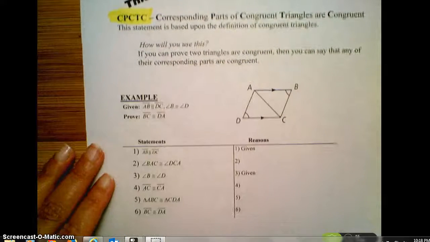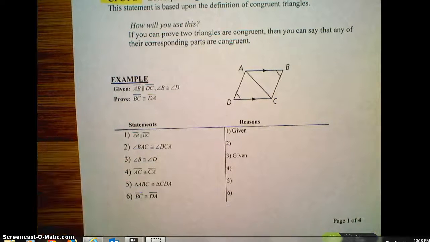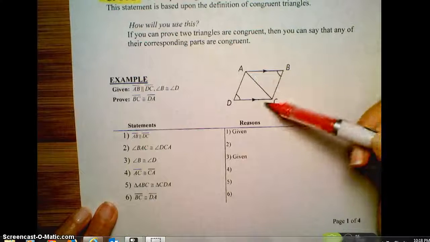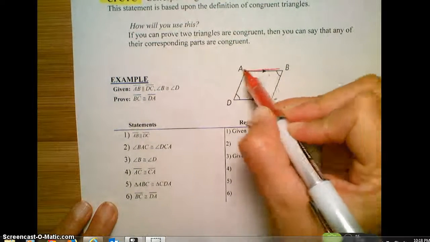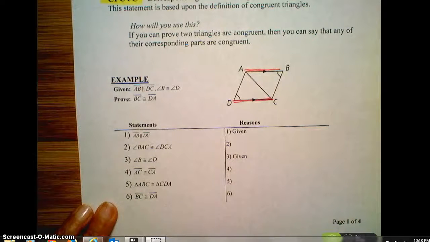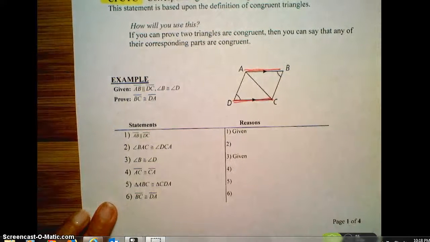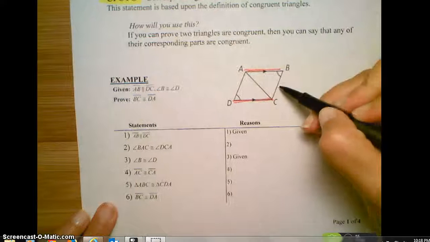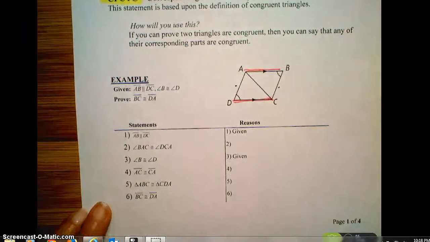So we're going to go ahead and fill in this first proof that's on page 1. You'll notice that your givens are that AB is parallel to DC. They've already marked it in the picture. I'm going to go ahead and just make those lines red. We've also been told that angle B is congruent to angle D, and we're trying to prove segment BC is congruent to segment AD.